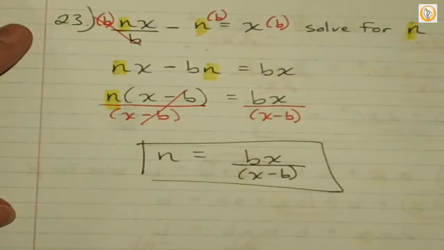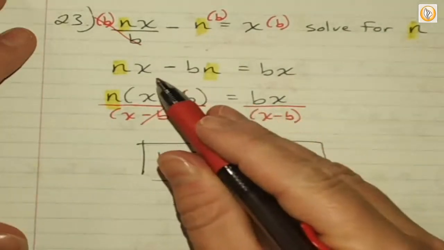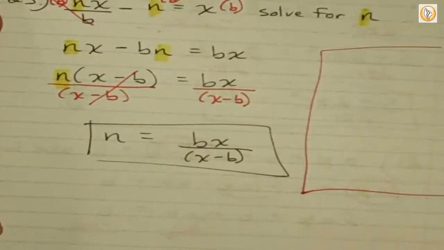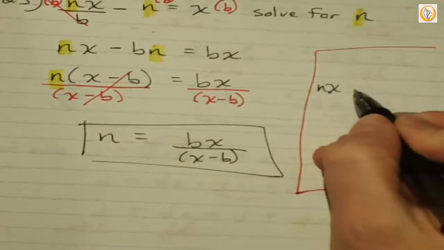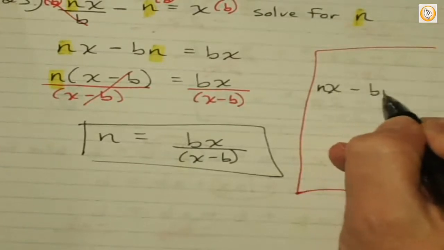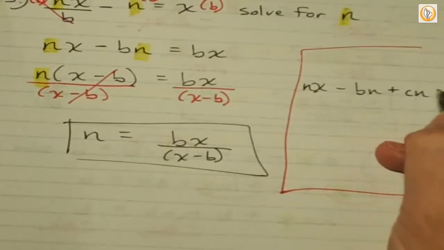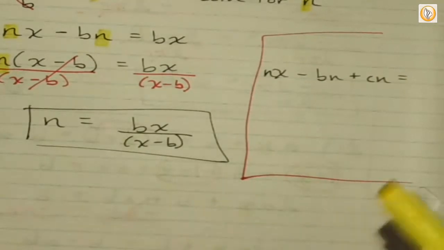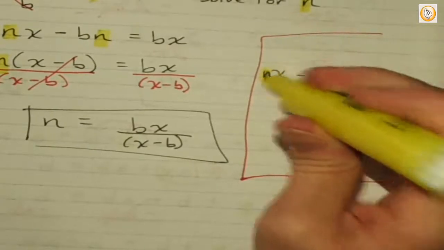Yes? Can you do it with more than two? Like say if there's another one like nx or bx, like if that was in. Okay, so I hear what you're saying. So let's say it was nx minus bn plus cn. So there's the letter I'm looking for.